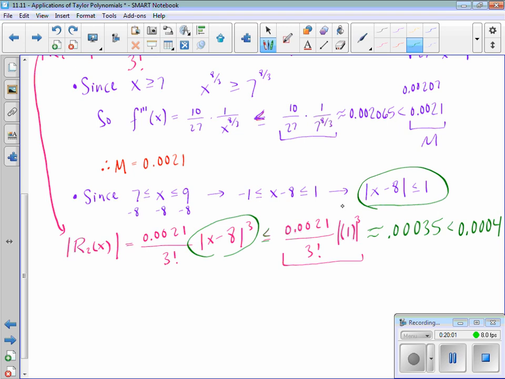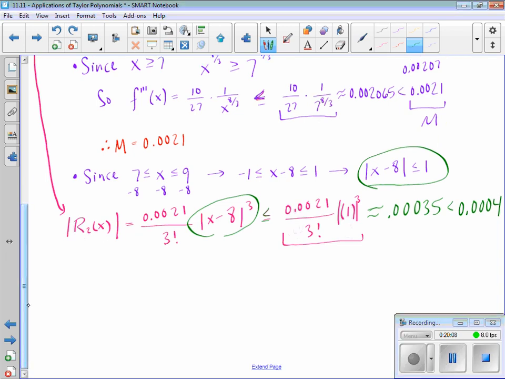Yeah, so we could keep it like this, but if this goes on forever, just pick something a little bit bigger than it, okay? So for this one, we could actually keep the .00035 because it was exactly .00035. If this kept going on forever, you just pick something that's a little bit bigger than it because it's a less than symbol, okay? So this would be fine, or if you round it up, that's okay.